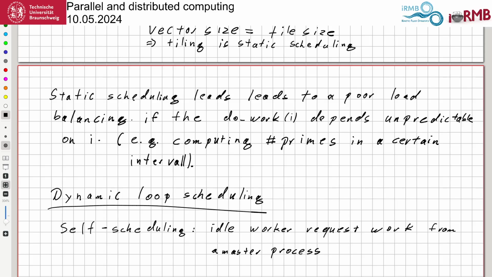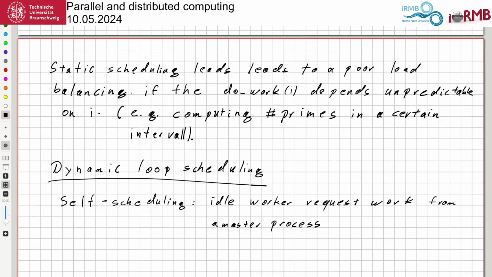That means that the master has to do the bookkeeping on assigned work.